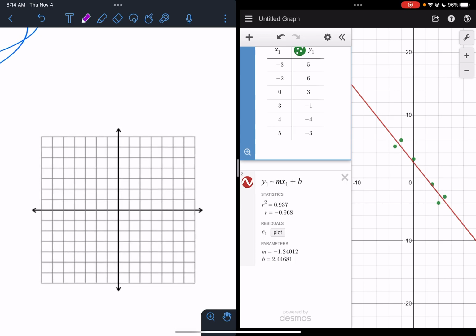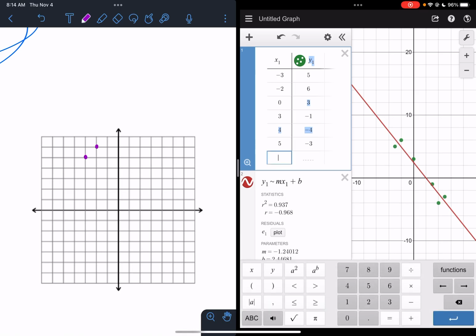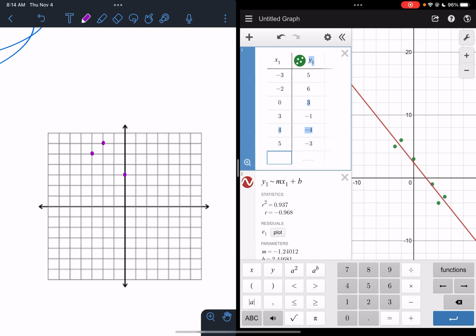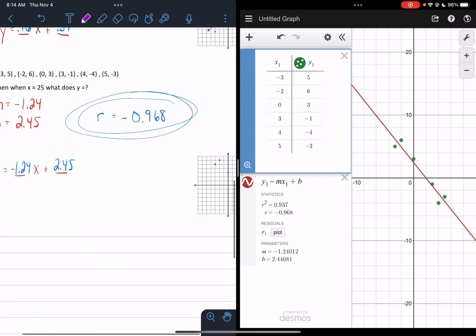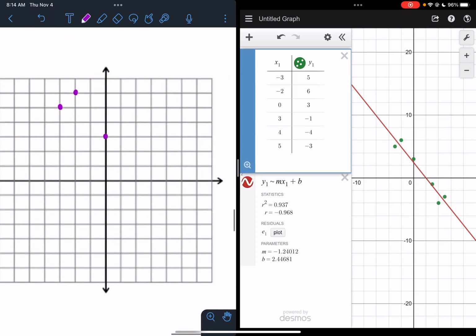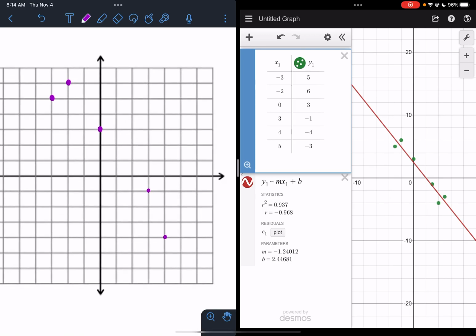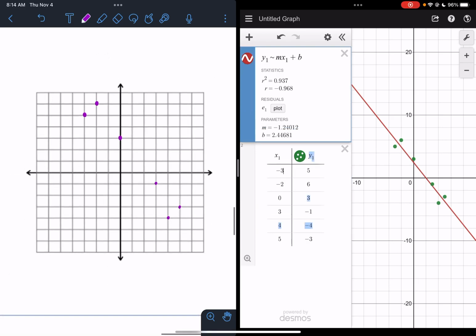So -3, 5, -2, 6, 0, 3, 3, -1, 4, -4, 5, -3, something like that.